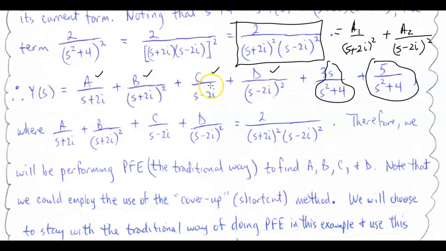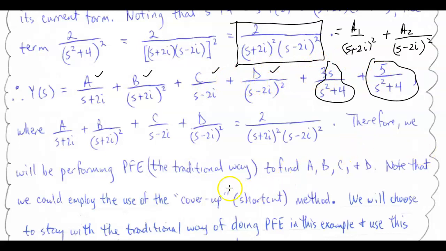Once we're done here, we'll see what's left. Do the whole cover-up method again after some algebraic manipulation, figure out what A and C are, and then from there, we'll have all of our constants. And then, of course, we can do the inverse Laplace transform of all 6 terms here.